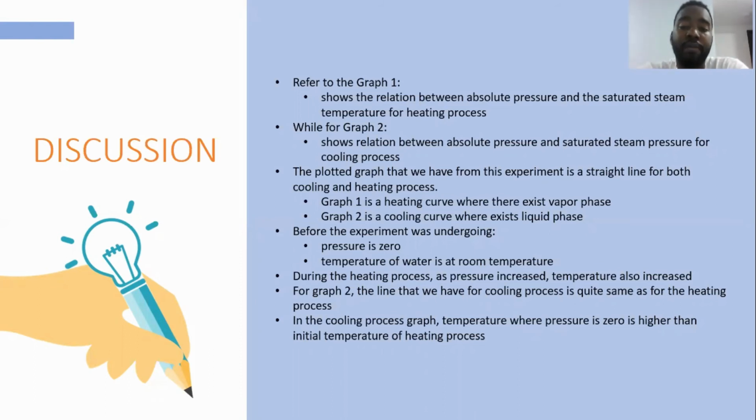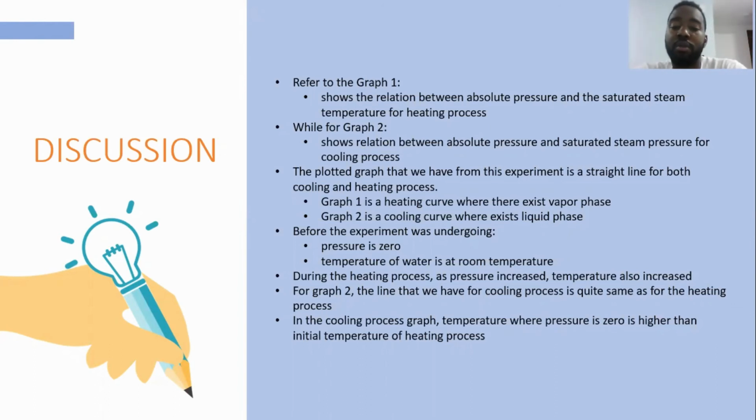The plotted graph from this experiment is a straight line for both the cooling and the heating process, as we saw in the results above. Graph 1 is a heating curve where there is an existence of the vapor phase, and graph 2 is a cooling curve where there is an existence of the liquid phase.